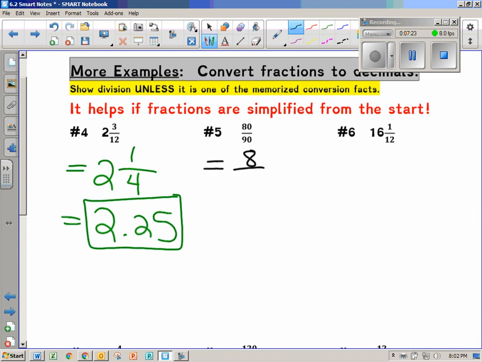You get 8/9. And if you look at your handout number 2, you're going to see that this is one of those repeating decimals that I want to commit to memory. If I don't commit it to memory, I could still divide 9 into 8. But all the fractions with 9 as the denominator, proper fractions, they're really easy to remember.